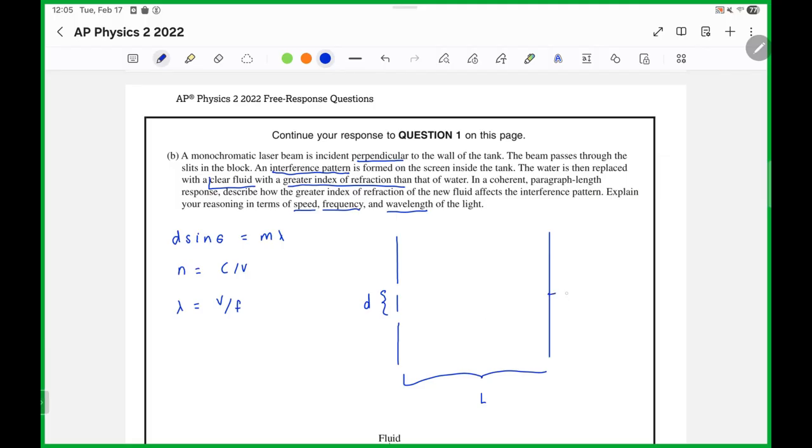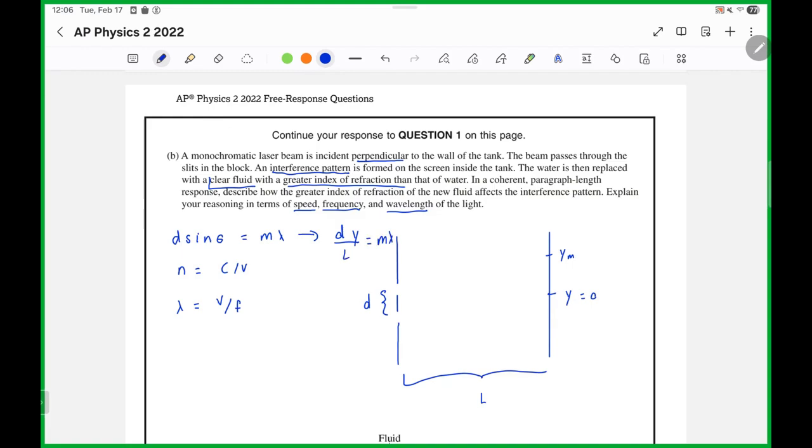We're going to consider y equals 0 to be the midpoint between the two slits. And so now, if we want to describe the position of the mth bright fringe, we can say that sine theta is approximately equal to y over L, so that we have d y over L equals m lambda.